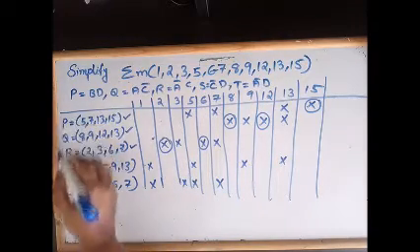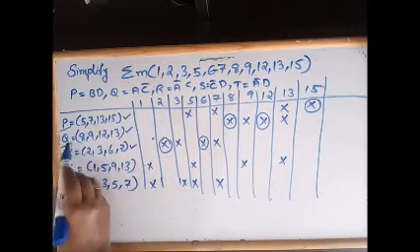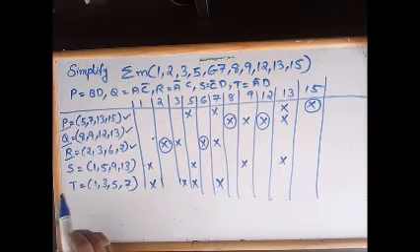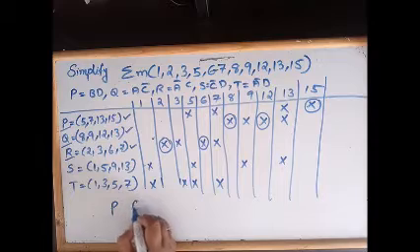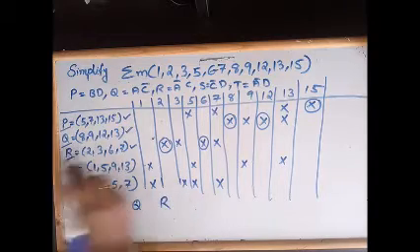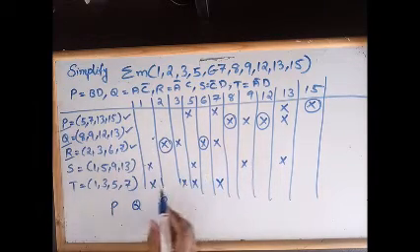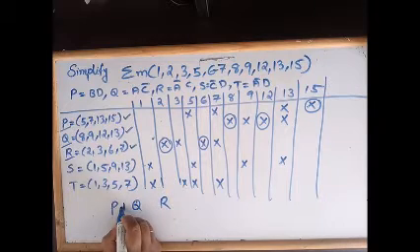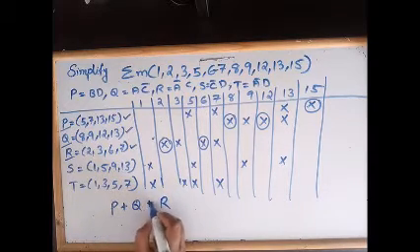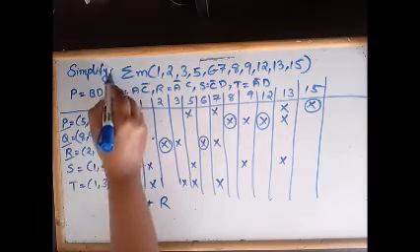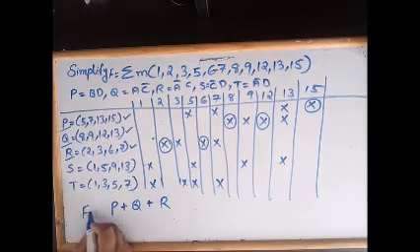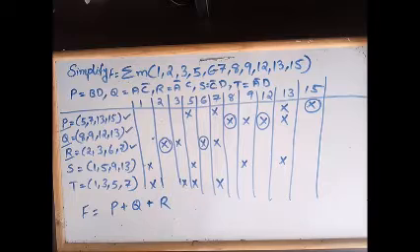So you can write the simplified form as P plus Q plus R. Suppose this is F, we can write F equals P plus Q plus R.